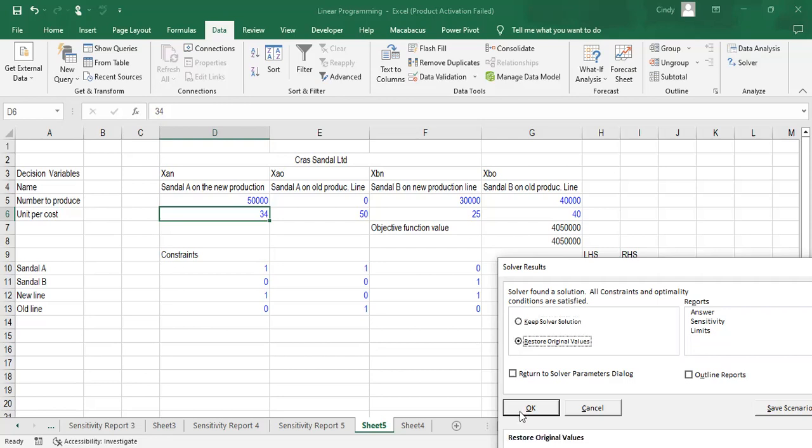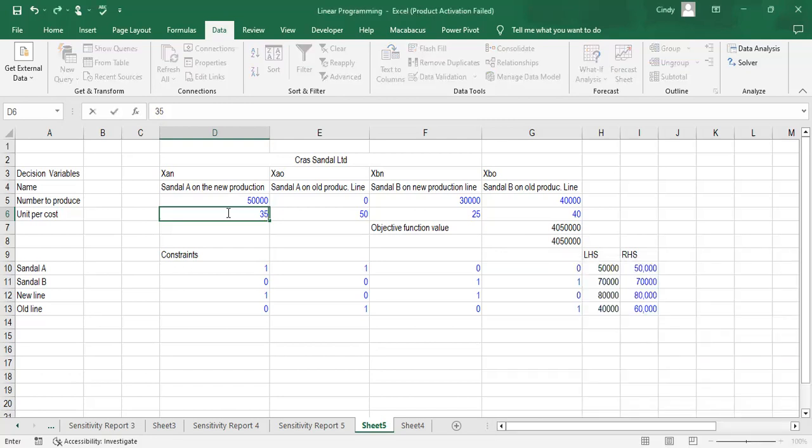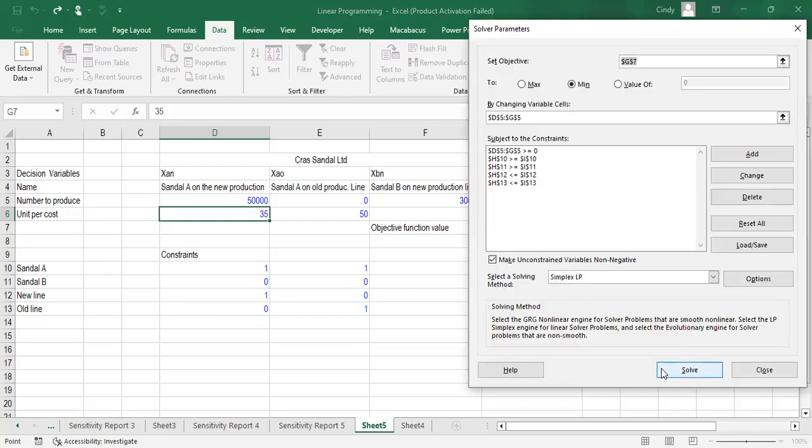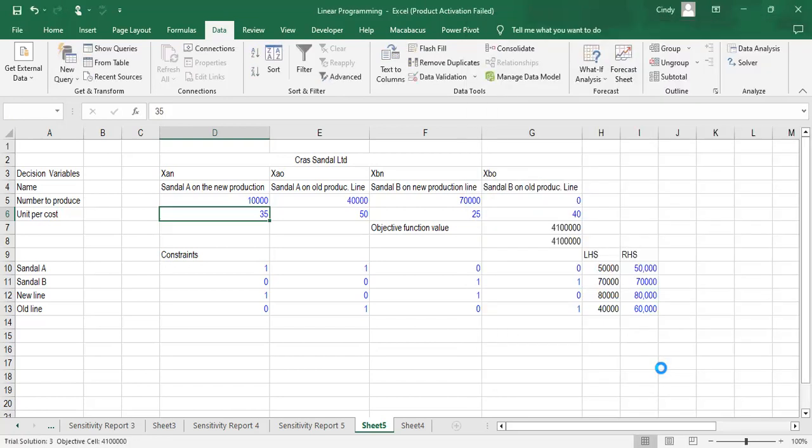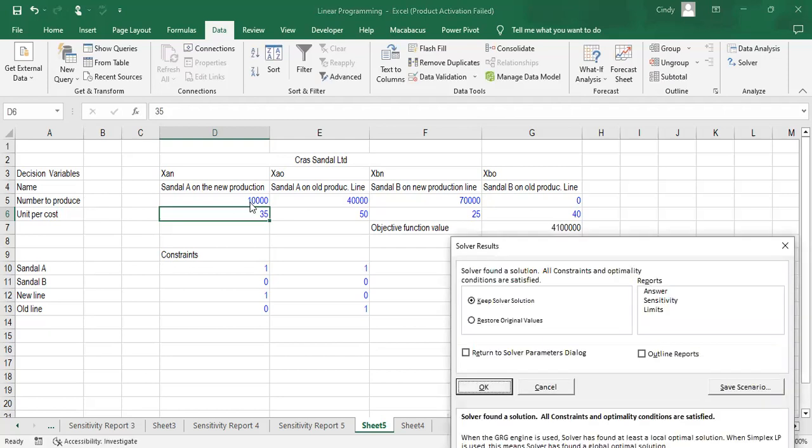So let's say we are taking 35, and then we'll solve. So what happened? When we changed it to 35, realize that the final value, that's the quantity to produce, changed to 1,000, and the objective function also changed, right?